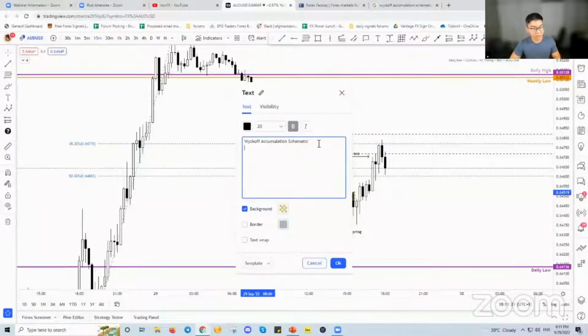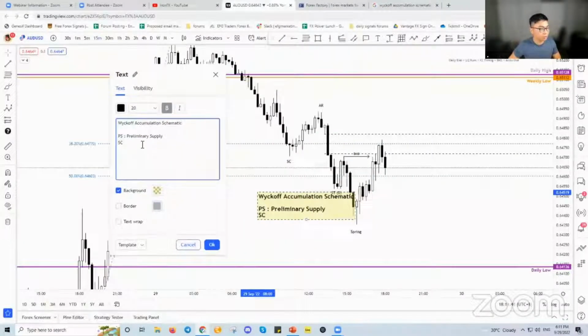So first, at the start of the accumulation schematic, we have something called the PS. What is PS? It's preliminary supply. Next, we have the SC. Let me put this to the side. We have the SC. It's selling climax.